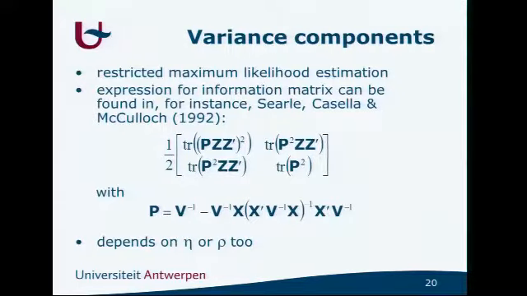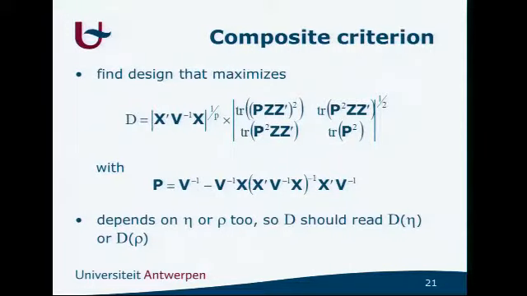Now what did we do now that we have this information matrix for the variance components? Well, we created a composite design criterion that takes into account the information matrix for the fixed effects, the factor effects, and the information matrix for the variance components. And that's the composite criterion we used. We raised the determinant of the information matrix for the fixed effects to the power of 1 over p, 1 over the number of fixed parameters, that is, and we multiply it by the determinant of the information matrix for the variance components raised to the power 1 over 2, because we have 2 variance components.